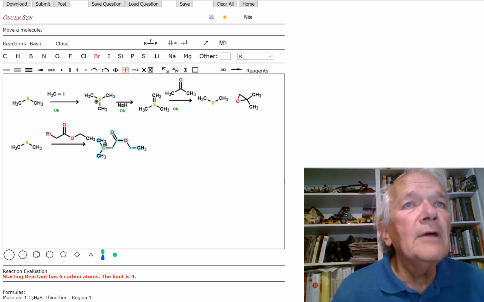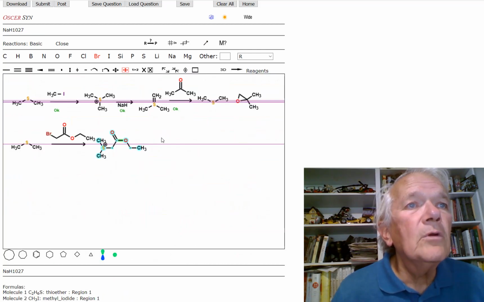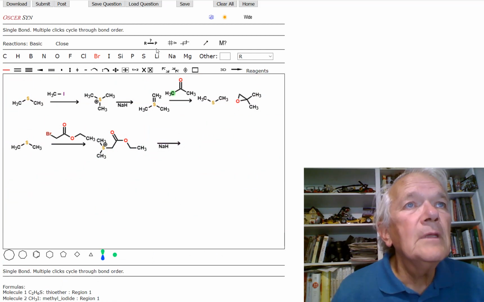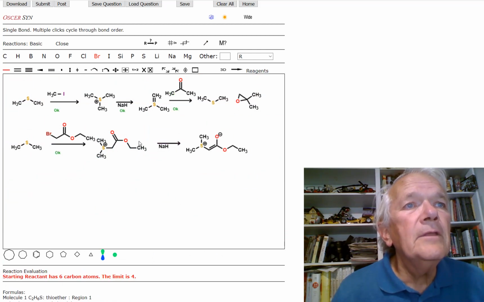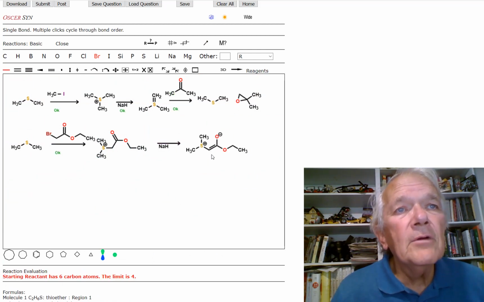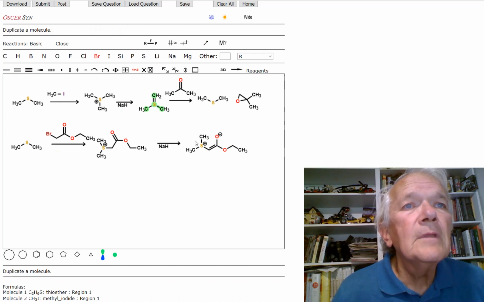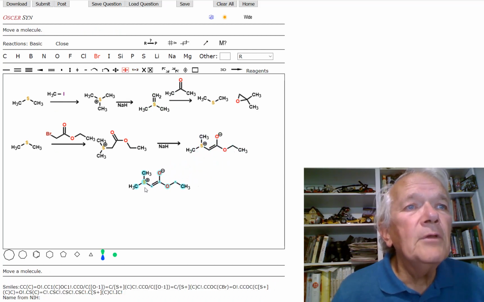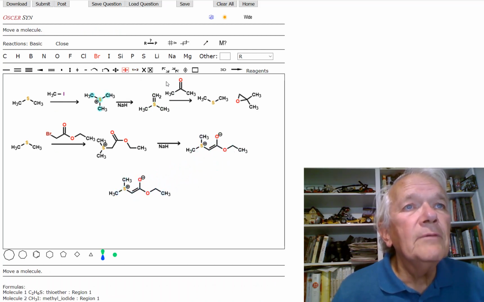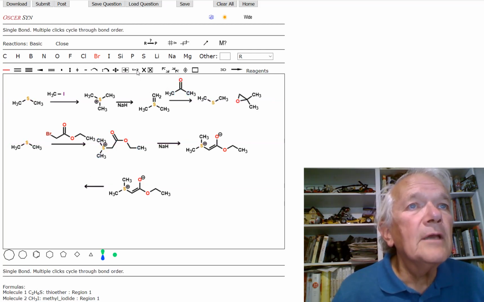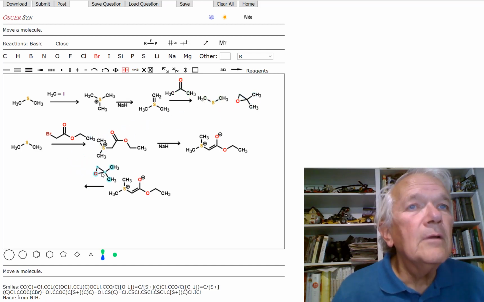And now when we treat that with sodium hydride, we're going to get what's called a stabilized ylide. And the stabilized ylide, of course, is really just an enolate. The fun thing about these is that if you allow these to react with just acetone, we'll get the same kind of products that we did before. Oops, that's not what I want.